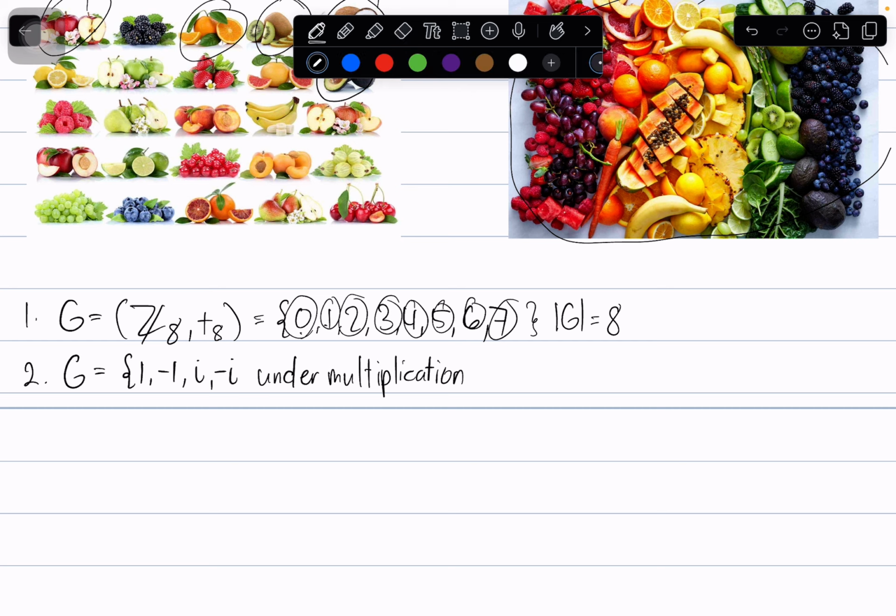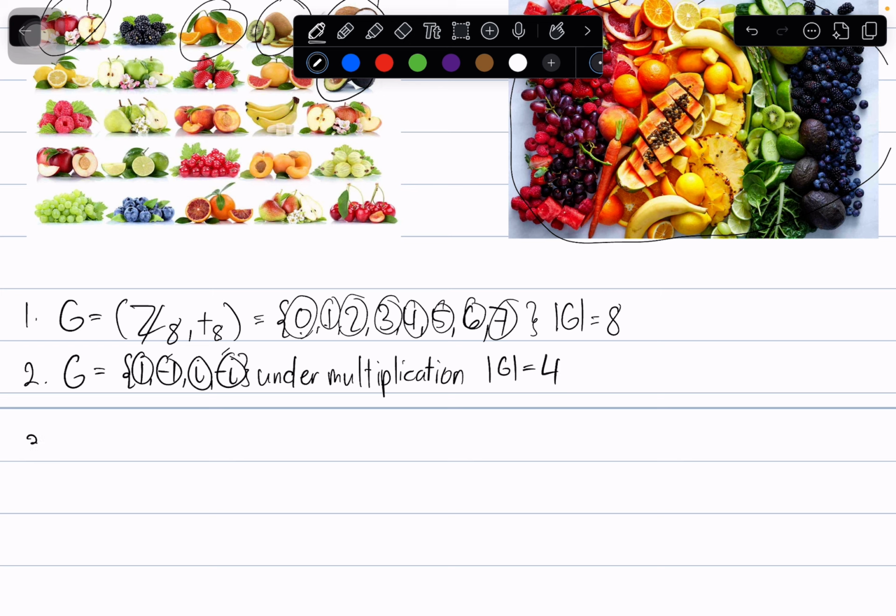Oops, sorry, this is a bracket. So now we're simply going to count how many distinct elements are in this group. So 1 is distinct, negative 1 is distinct, i is distinct, negative i is distinct. So 1, 2, 3, 4. Since there are 4, the order of this group is simply 4.